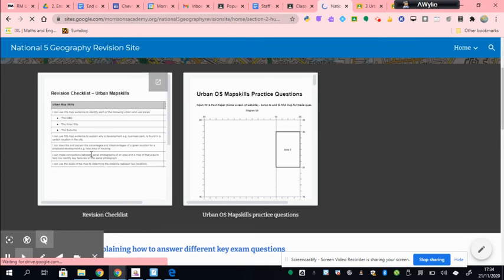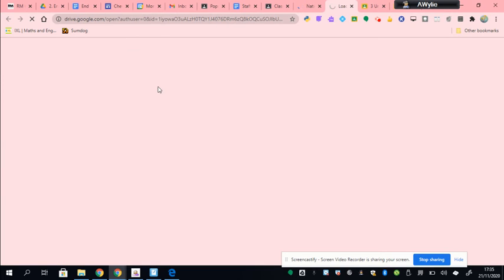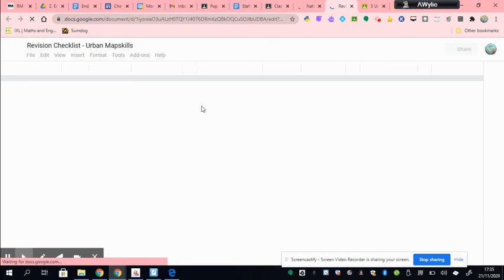In this checklist, the first key skill is to be able to identify an urban zone by giving map evidence.